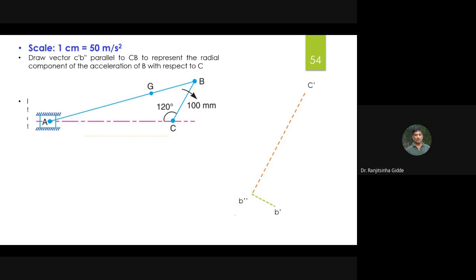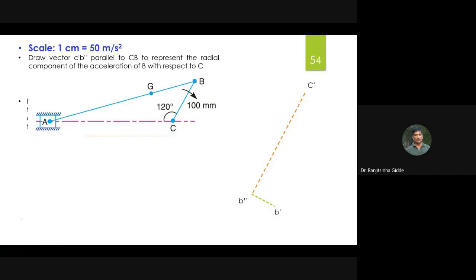So why have we drawn in this direction? Because it is the direction for the velocity of point B with respect to C. So we draw its tangential component here. The tangential component is parallel to the velocity direction, and the radial component is parallel to the link. We saw this in the very first slide. Remember. Right.